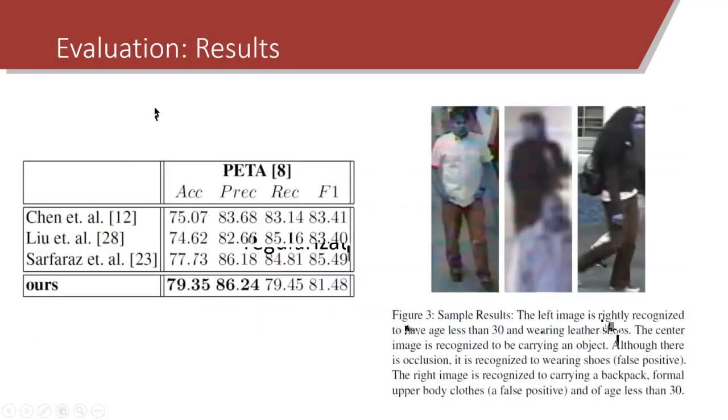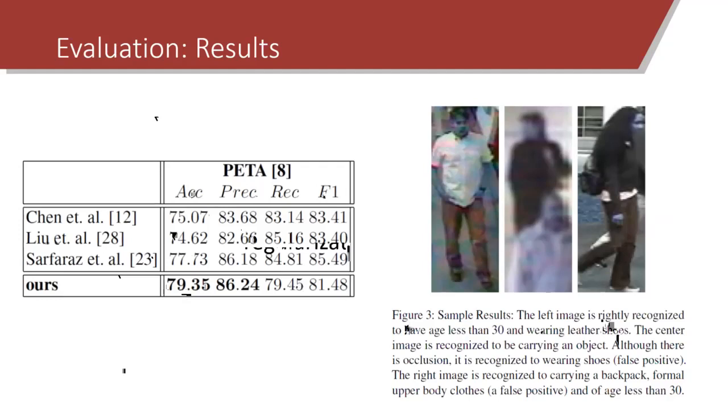This is the result reported and compared with other methods. We report accuracy, precision, recall, and F1 score. As we can see, these are the other standard state-of-the-art methods, and our method reports greater accuracy and precision. Recall and F1 score are also quite comparable.